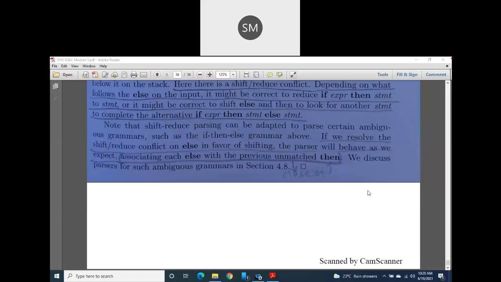Probably up to 12:30 Avadut sir will take a class. As per your convenient time, any one of you send me a message on WhatsApp at what time I have to take a class today. If it is 1 o'clock, it is fine for me.